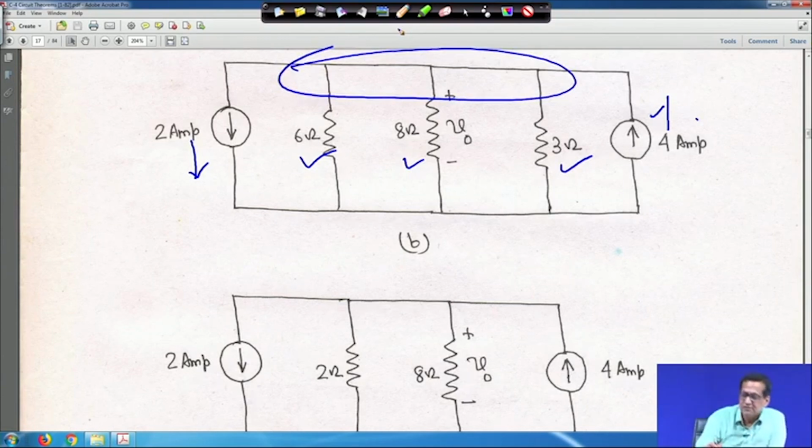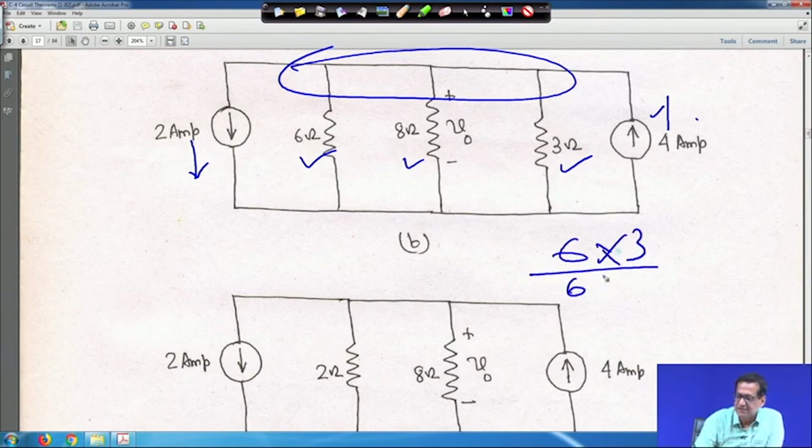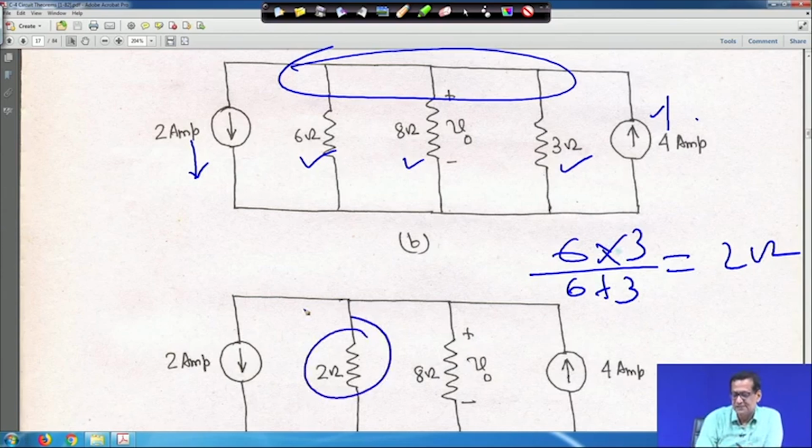The 6 ohm and 3 ohm are in parallel, but we have to find V0, so we cannot eliminate the 8 ohm. Take the equivalent of 6 and 3, these two in parallel: 6 into 3 divided by 6 plus 3, which is equal to 2 ohm. So here it is 2 ohm, the parallel of these, this 8 ohm is written, and this 2 ampere and this 4 ampere are written.